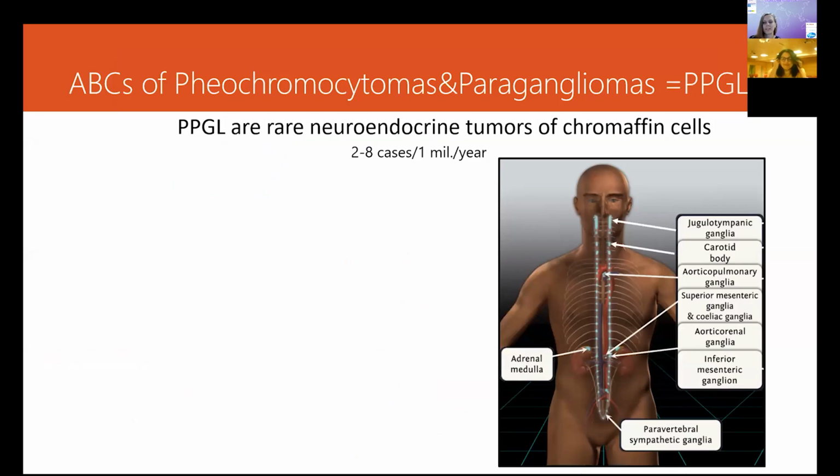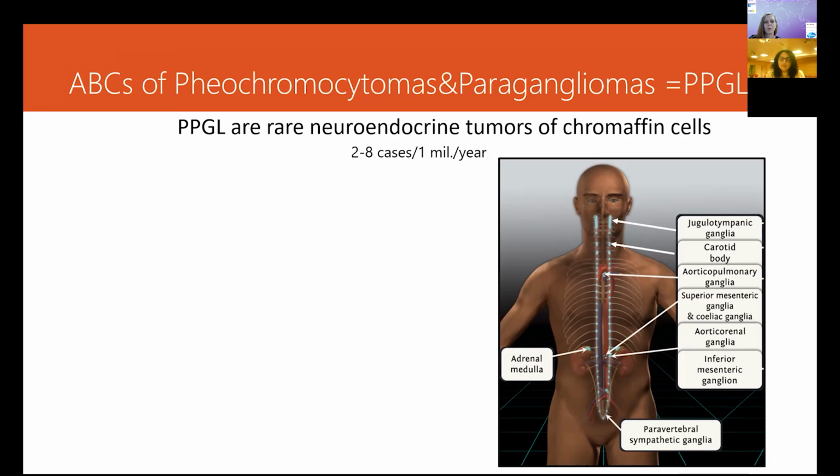I'll start with the basic terminology, which is a little bit different from the terminology of NET. First of all, pheochromocytomas and paragangliomas are neuroendocrine tumors, and they arise from chromaffin cells. They are rare tumors with common embryonic tissue origin as NETs.